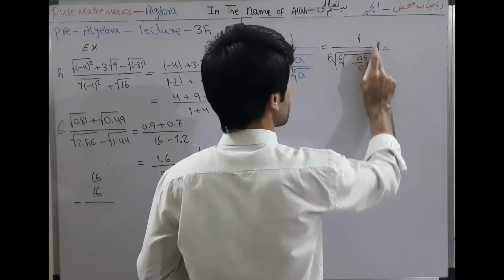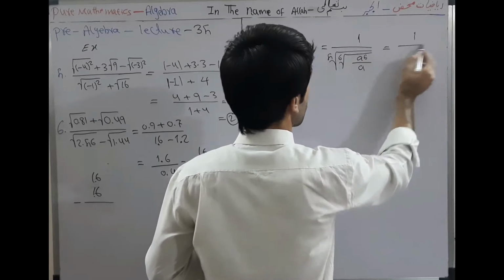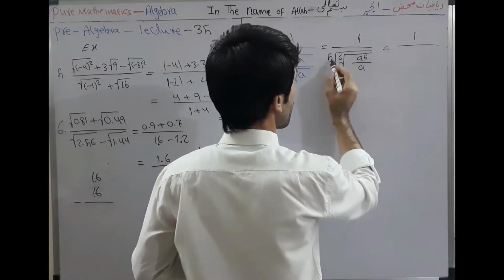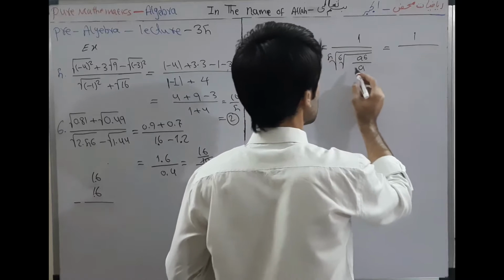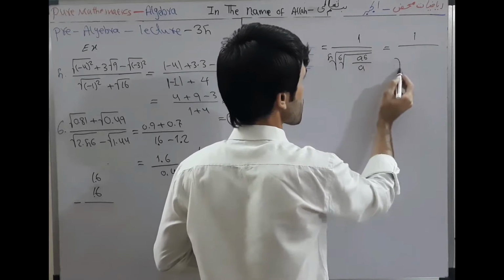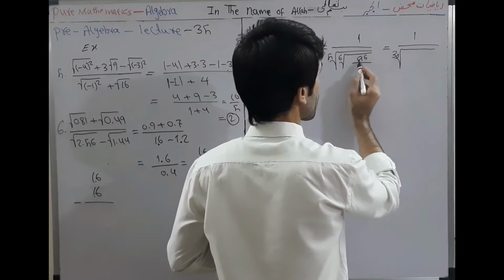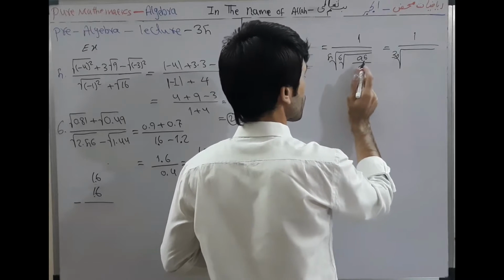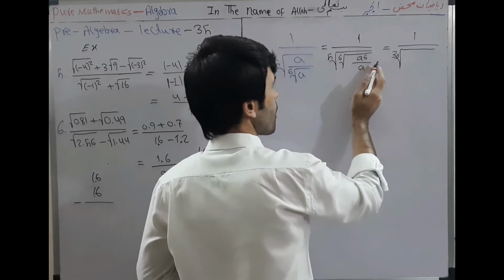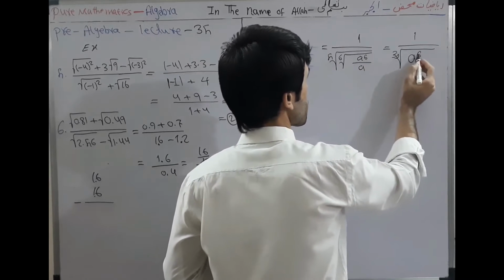It is equal to 1 over, if we multiply this 5 multiplied by 6, 30. According to the division law of power, then we can write a to the power 6 minus 1.